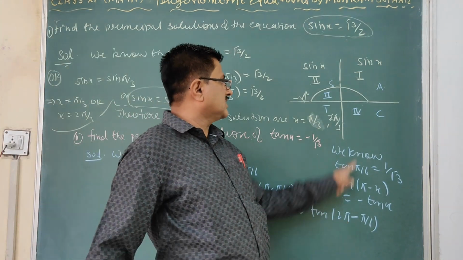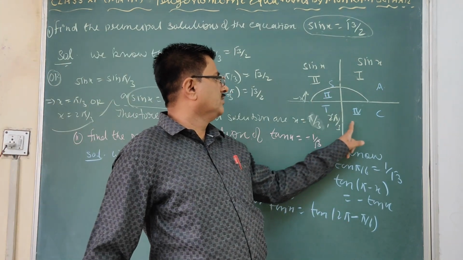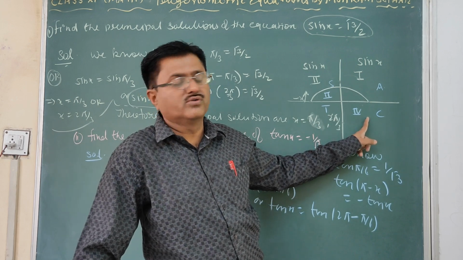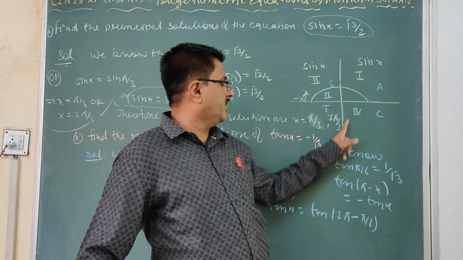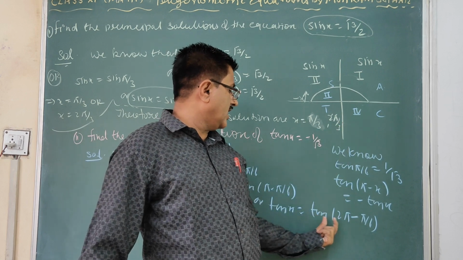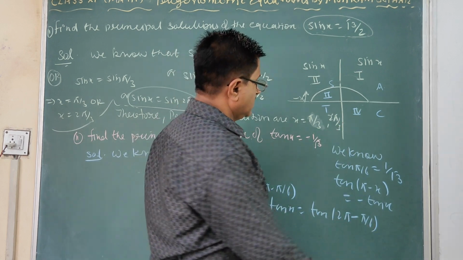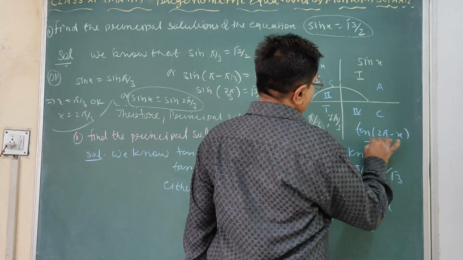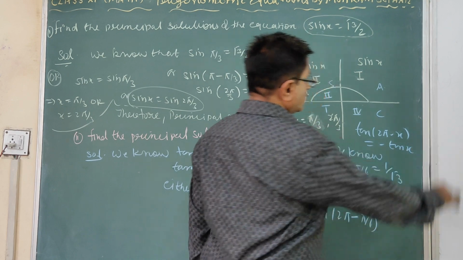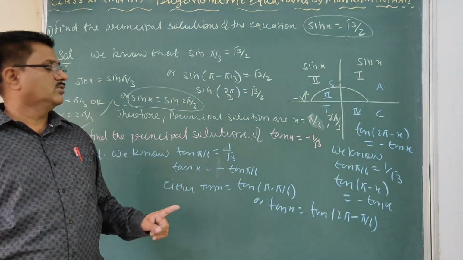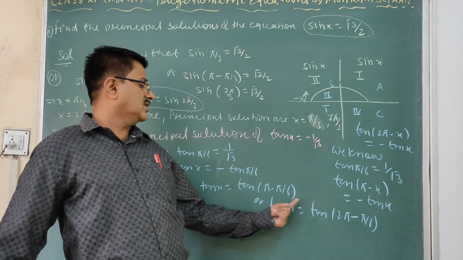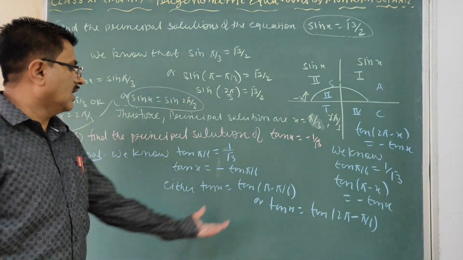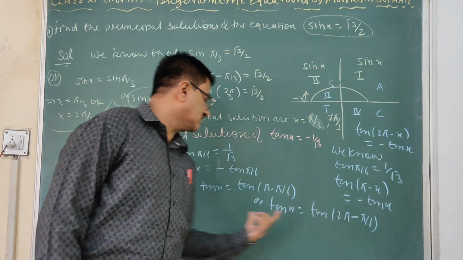So 2 pi minus x, 2 pi is complete round, and minus x is again we are in quadrant 4, and you know in fourth quadrant tan is negative. So tan 2 pi minus x is always equal to minus tan x. So to convert into negative, we have tan pi minus x or 2 pi minus x in quadrant second and fourth. Now you can simplify this and then your answer will be there.